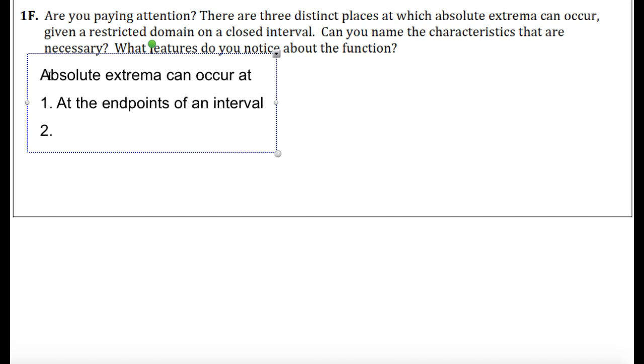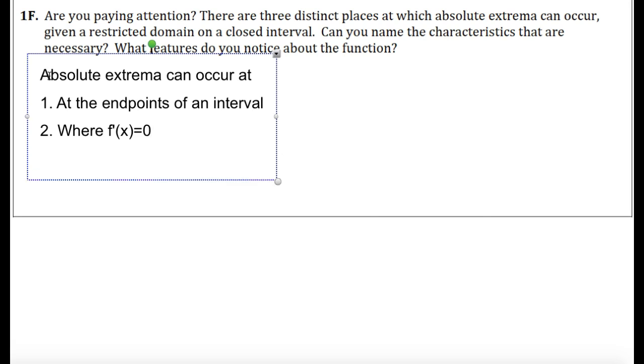Second, they can occur where our derivative is equal to 0, where f prime of x equals 0. And the third place they can occur is where the derivative of our function does not exist.